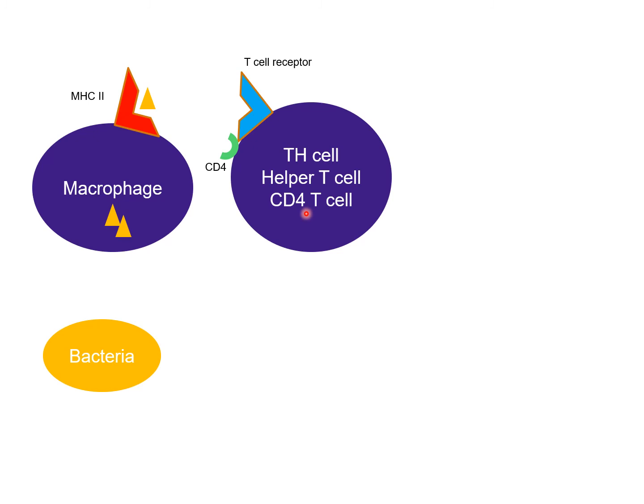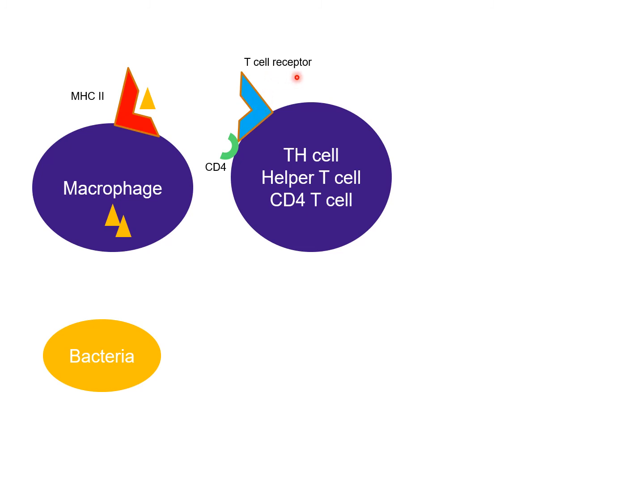Another name for the helper T cell is CD4 T cell. Now, why do we call helper T cells CD4 T cells? Because on their surface, they do have a protein receptor known as the CD4. On their surface, they also have another receptor called the T cell receptor.